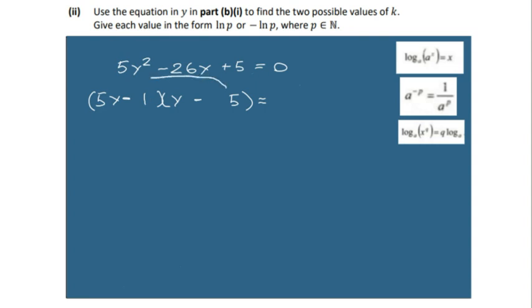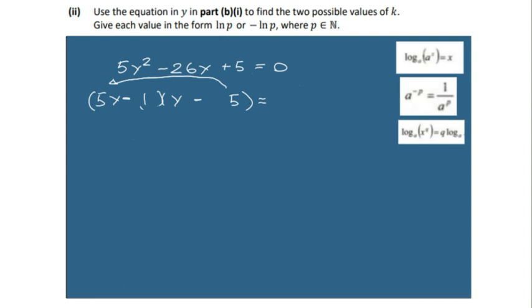So the 5y by 5 is 25y. We'll make it negative, and then over here we have minus 1y, and that will give the cross multiplier result of minus 26y. Right, so it works out.